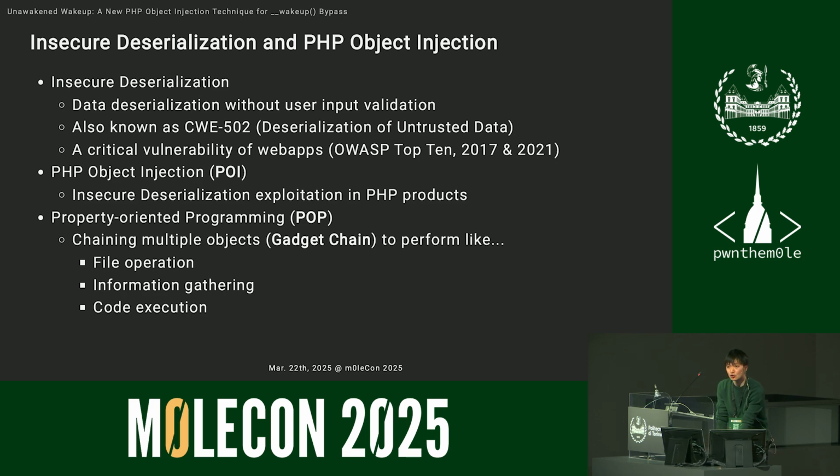PHP Object Injection, or POI for short, is an attack that falls under insecure deserialization in PHP. In POI, a technique called property oriented programming, or POP for short, is often used, which abuses multiple objects to perform actions like file operation, information gathering, or even code execution.